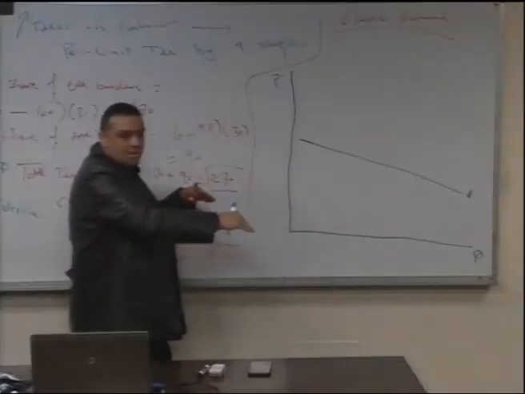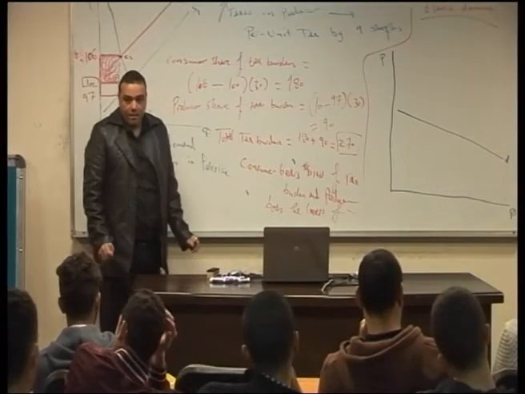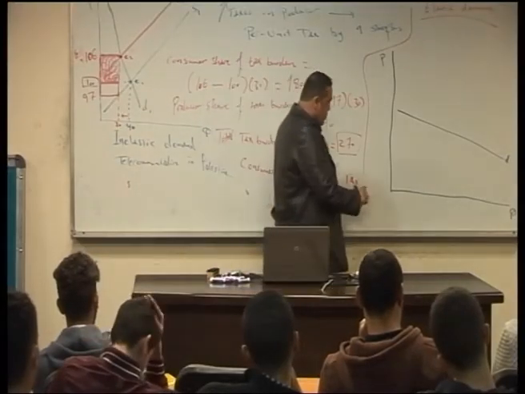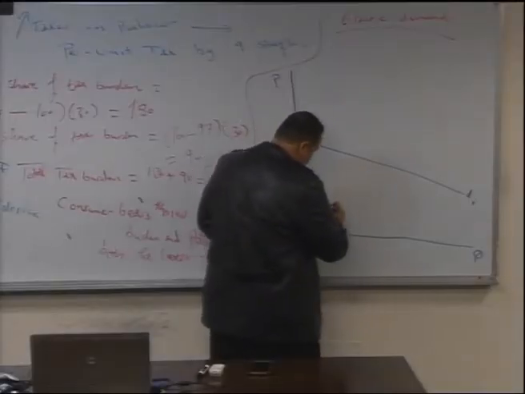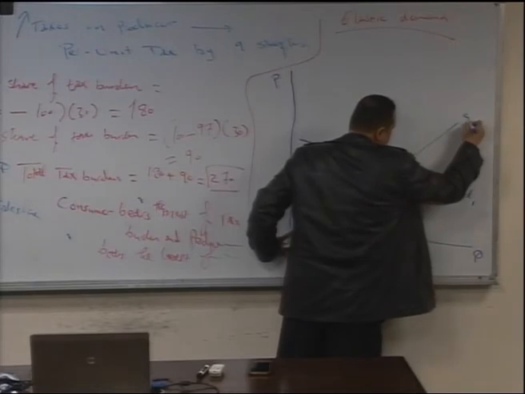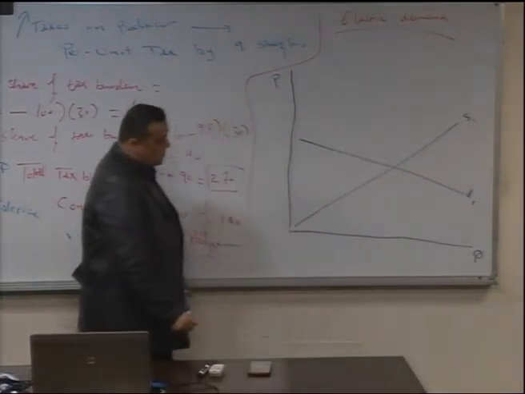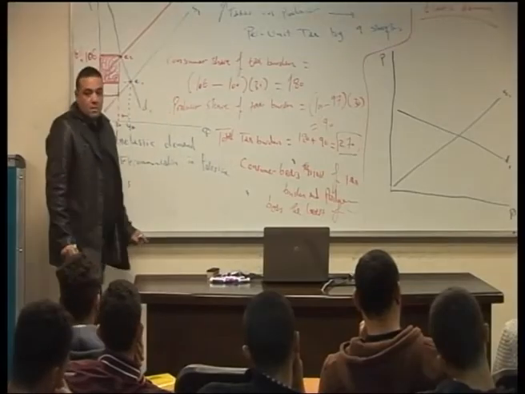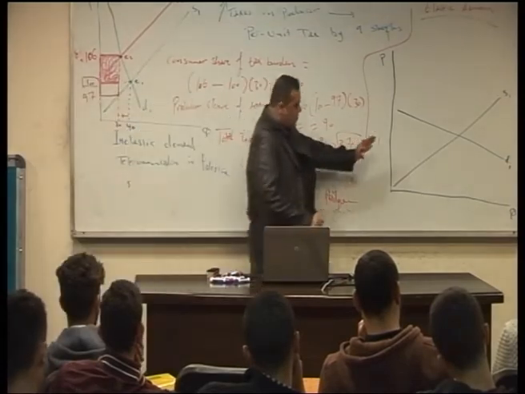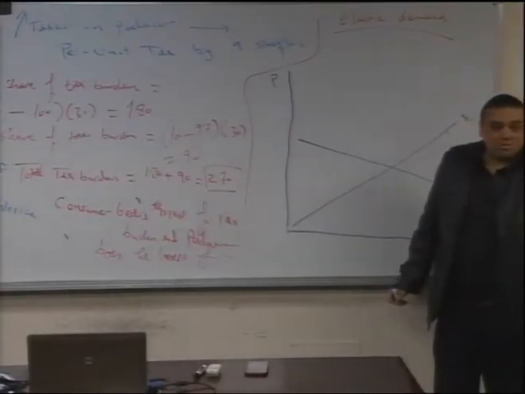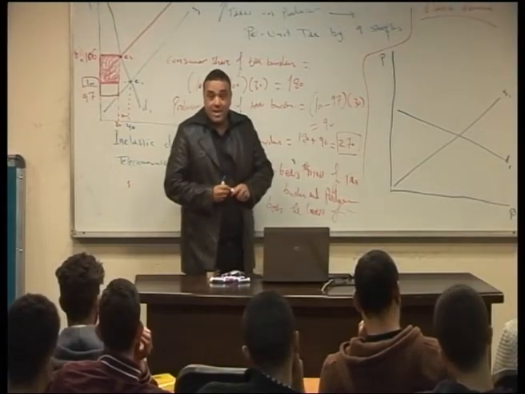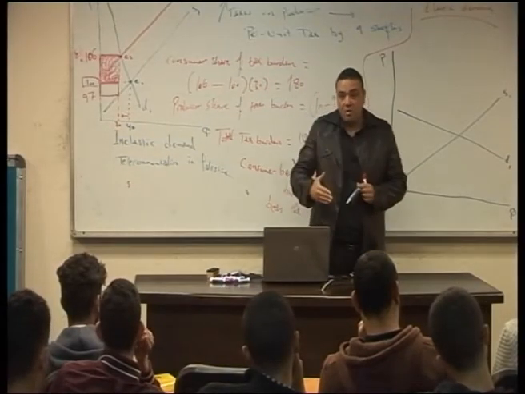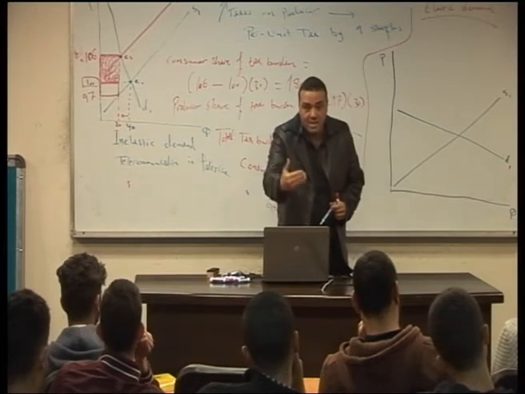You see it's close to horizontal. And this is D1 here, and S1. I keep the supply neutral, treated as unitary elastic, so that I can measure the effect of inelastic or elastic demand.